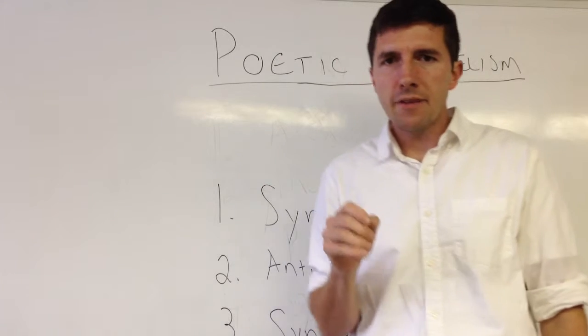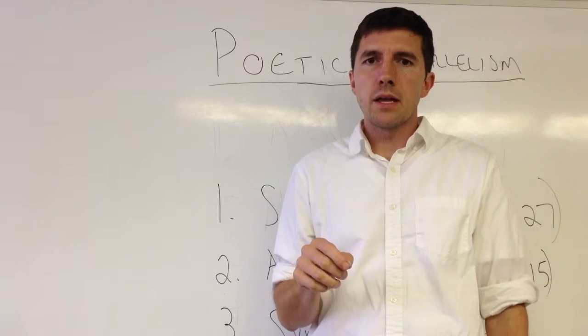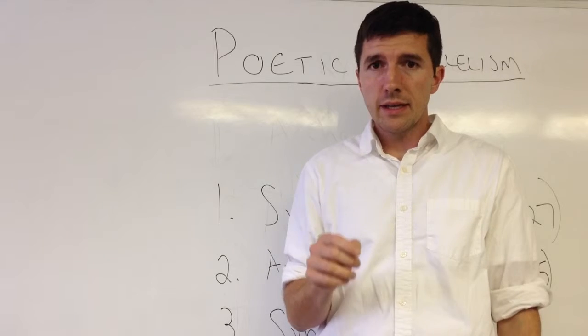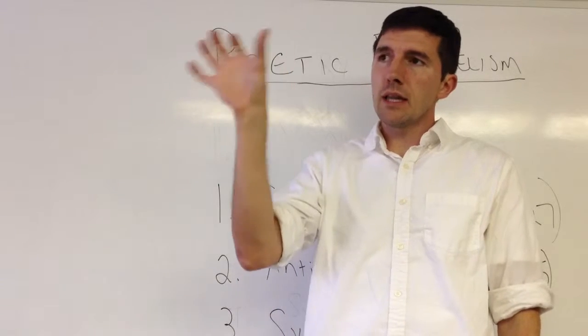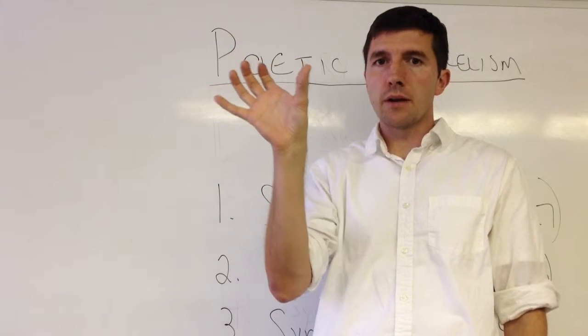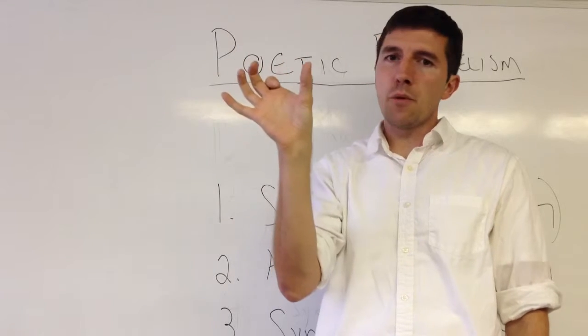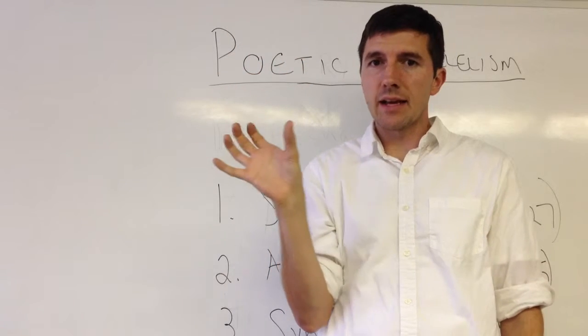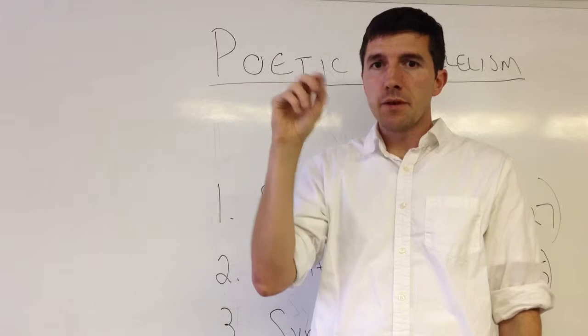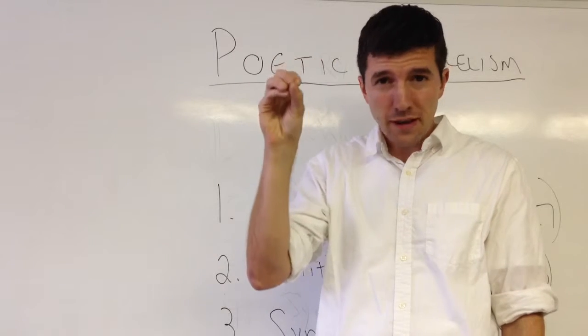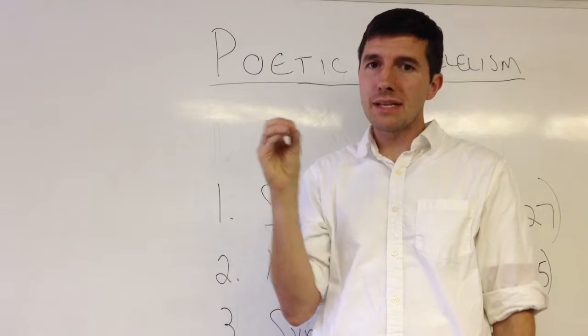So, as I said in that video, but we'll say again, the way Hebrew poetry is primarily characterized is that one line, in what's called a colon, will be in relationship to the second line. The elements, be it the primary subject or the verb, will be related but different.